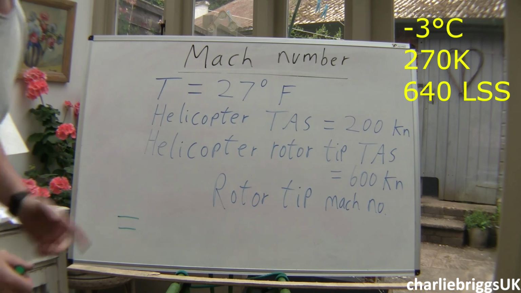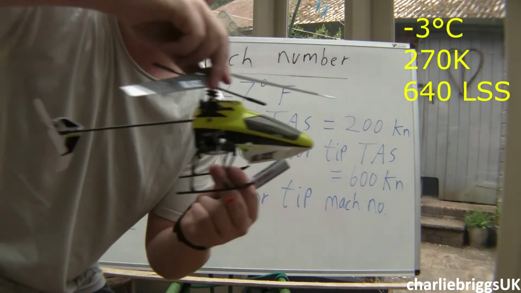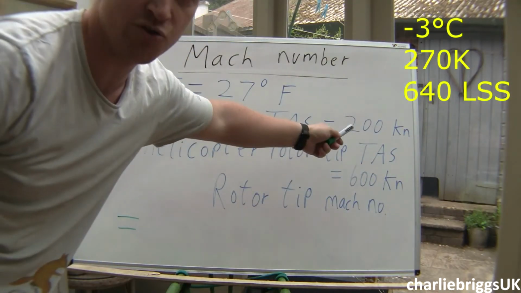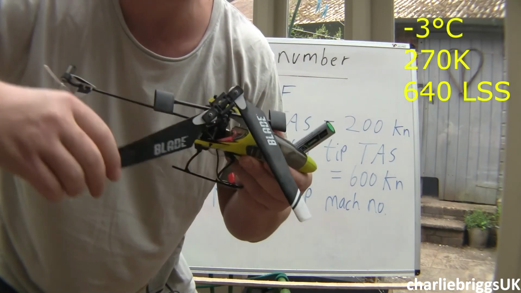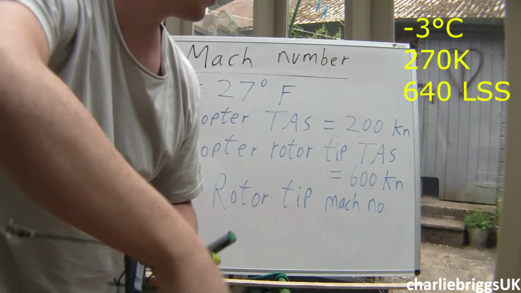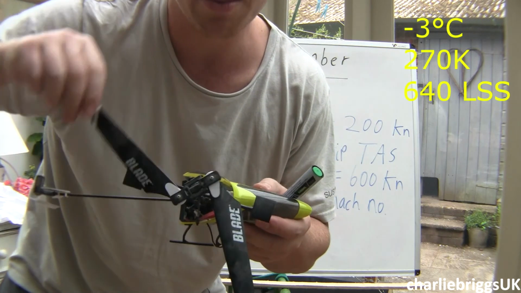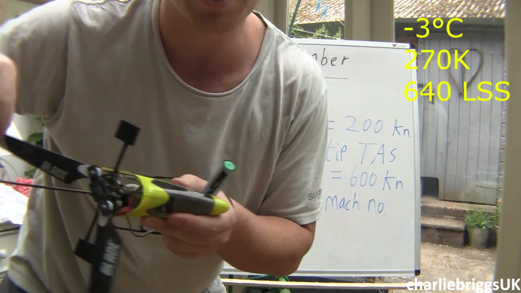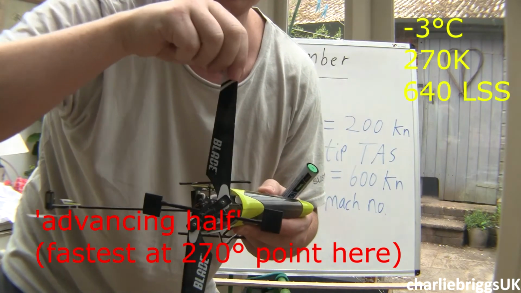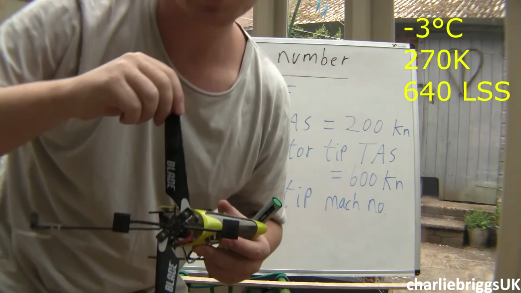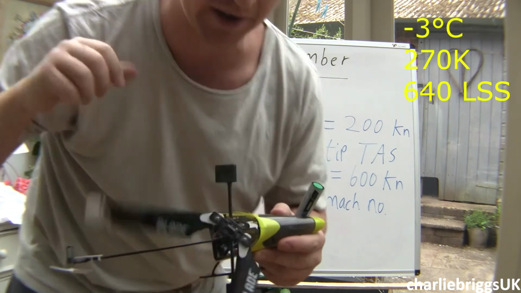And our helicopter is flying along at a true airspeed of 200 knots. But the rotors are spinning round at 600 knots. So the rotor on this half, the advancing half, at this point has the speed of the helicopter and its own speed together.